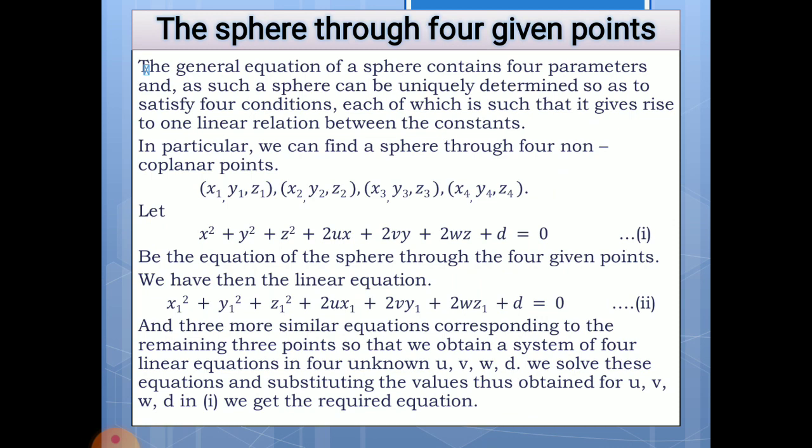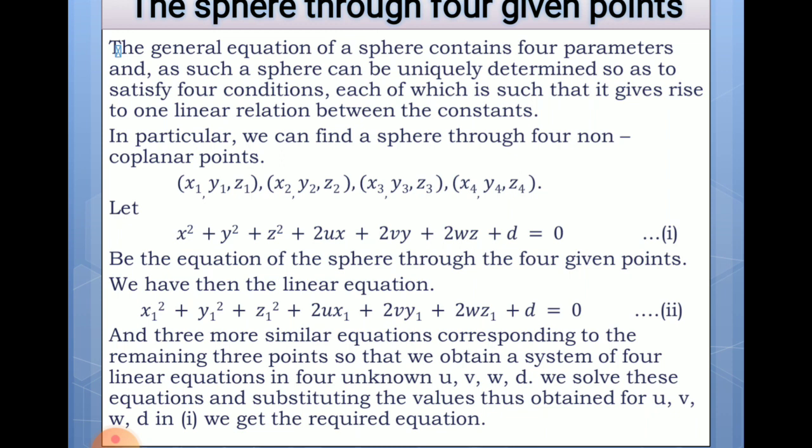The general equation of a sphere contains 4 parameters, so a sphere can be uniquely determined so as to satisfy 4 conditions, each of which gives rise to one linear relation between the constants.